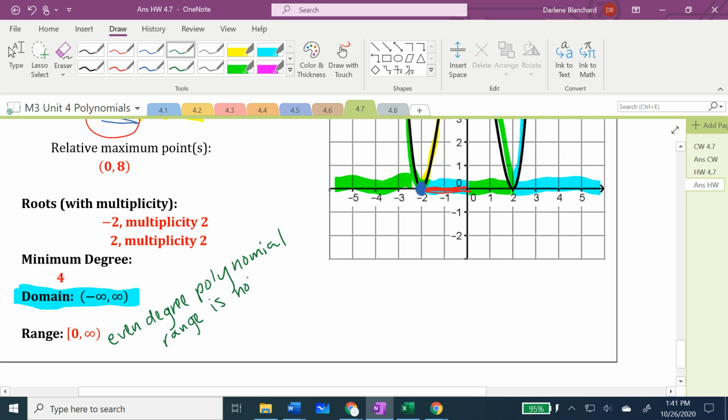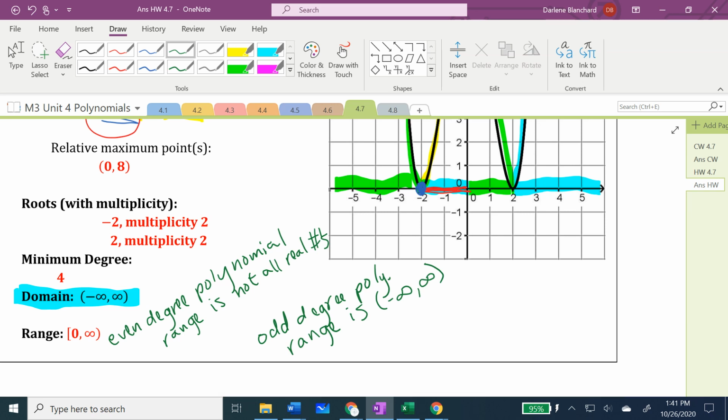The range, in other words, is not all real numbers. But if you have an odd degree polynomial, it's got to cover the whole field vertically. So an odd degree polynomial has a range that is all real numbers. I'm not going to test you on that. I just want to point that out so that you can be aware.